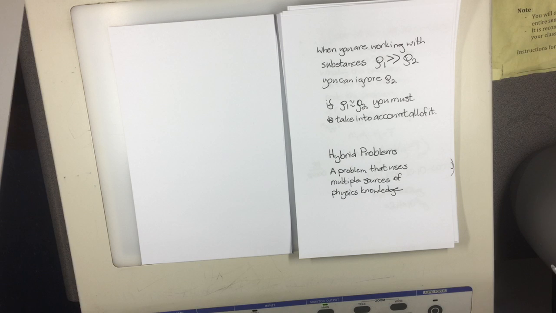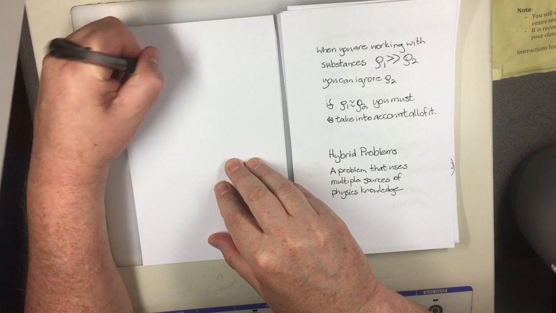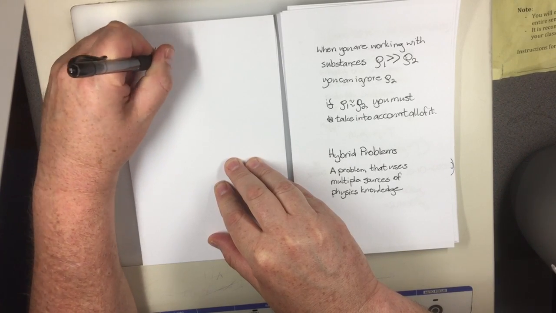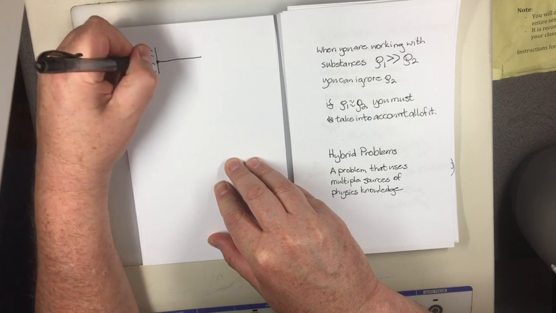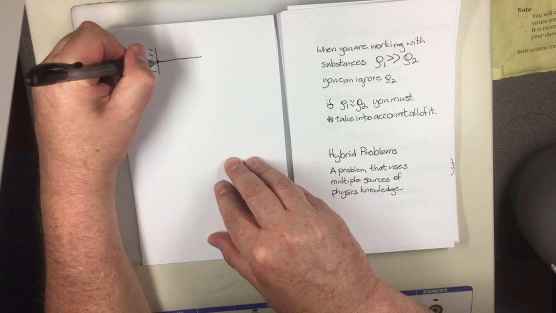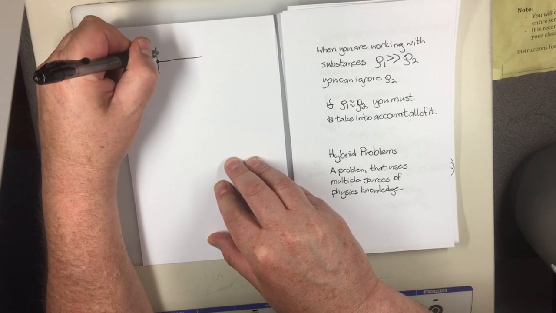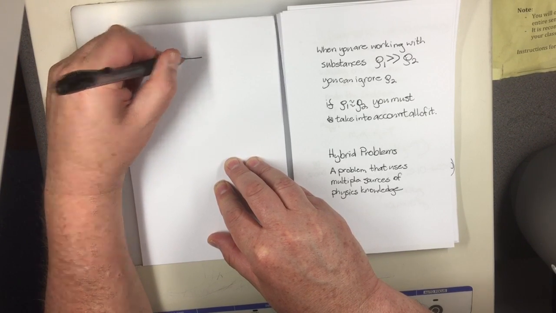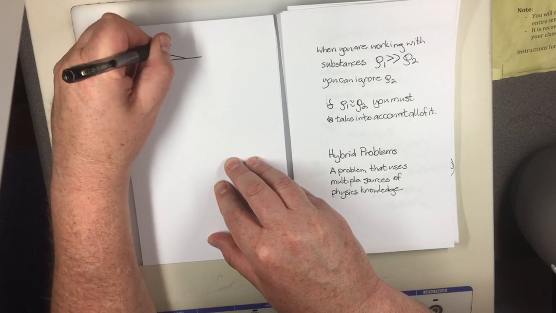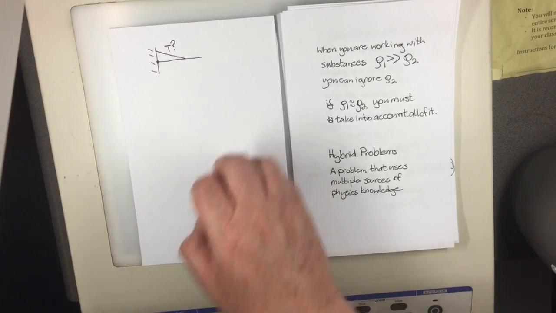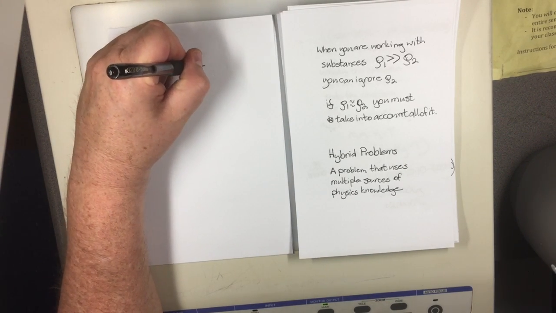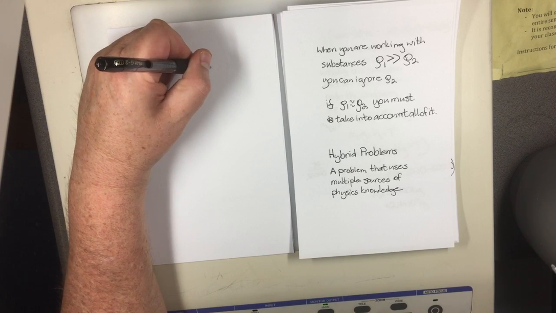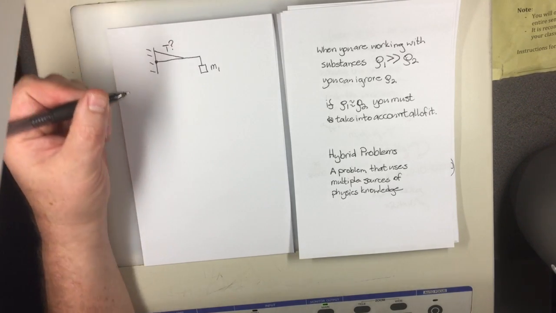The example that is a perfect hybrid problem, and it's a problem that we will meet on several occasions. You have an arm, like a post, and there's a hinge at the wall, and there is a string. And the question that I ask is, what's the tension of the string, if you have a mass hanging off the end?